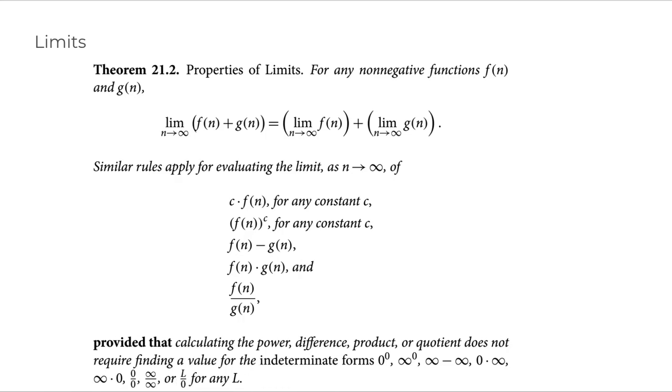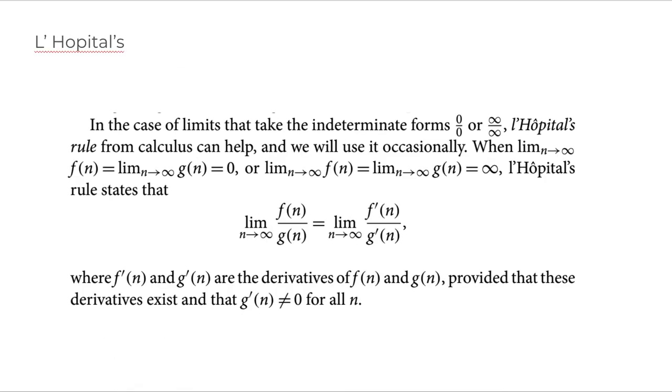There are specific methods that you use to solve some of them. But generally speaking, if none of the constituent functions are of any of the indeterminate forms, then you can solve them individually and get the answer for the limit of f(n) + g(n) as n tends to infinity, right? Okay, so there is one more rule that you need to be aware of, that's called L'Hospital.